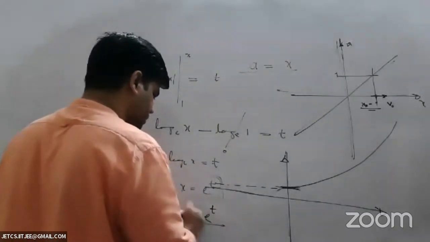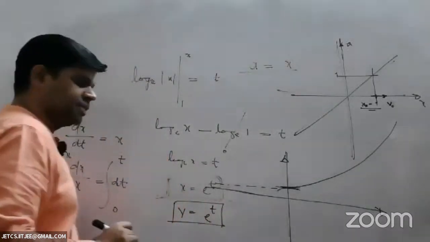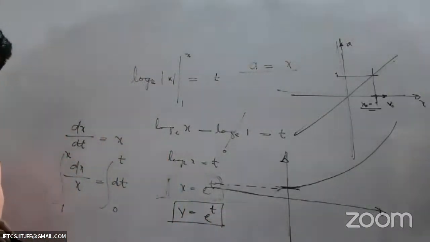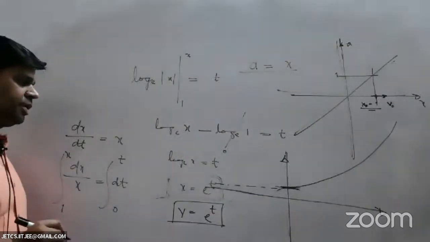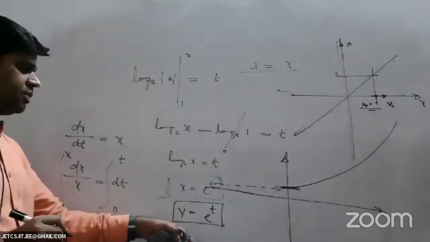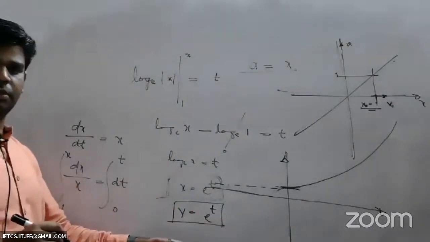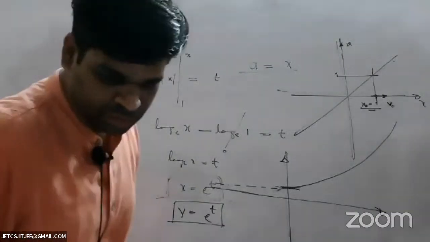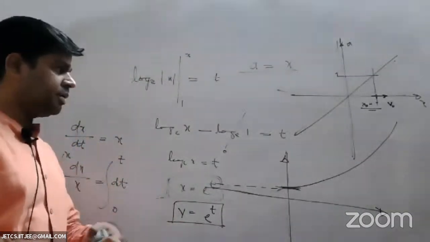It is e power t itself. The derivative of e power x is e power x. Alright, so I get v as a function of t. Acceleration also comes out as e power t.